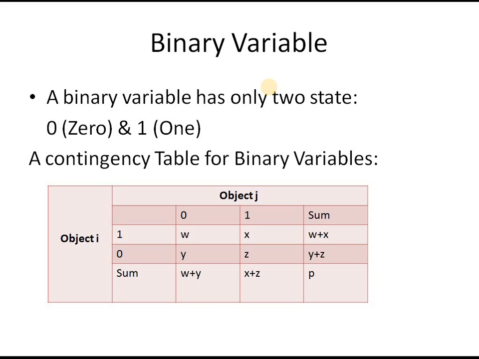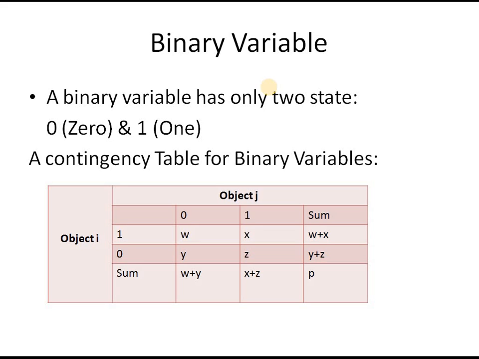where w is the number of variables that equal 1 for both objects i and j, and x is the number of variables that equal 1 for object i but that are 0 for object j. y is the number of variables that equal 0 for object i but equal 1 for object j, and z is the number of variables that equal 0 for both objects i and j.